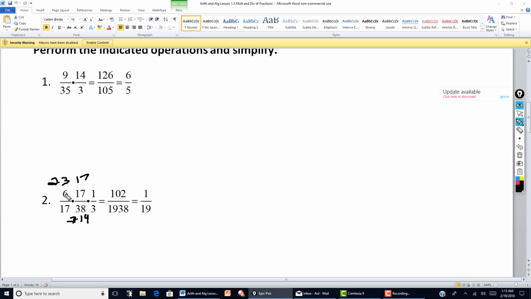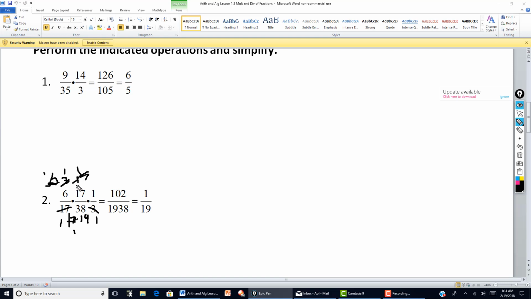Again, the 2 here divides out with this 2 here. This 17 divides out with this 17, and then this 3 here divides out with this 3 over here.